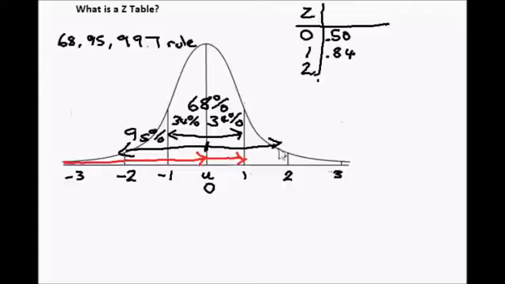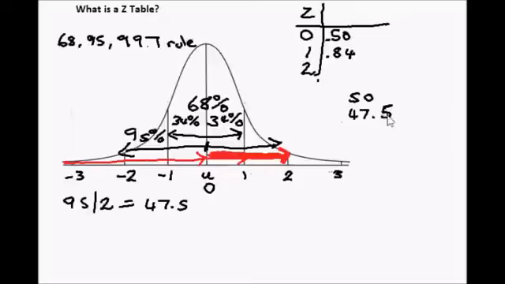So if the whole of this area is 95%, then 1/2 of the area, 95 divided by 2, is 47.5. So I've got 50% here, 47.5 there, 97.5. So if I look up a z-score of 2, I'm going to get 0.975. This is a very simple z-table.